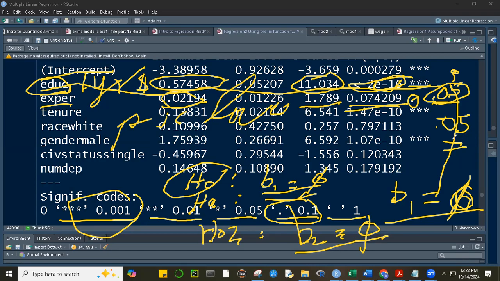The inference is that we fail to reject the null hypothesis that your beta 2 is equal to 0. We cannot reject that. But we're not saying that B2 is equal to 0. We're just saying that we can't find any evidence that B2 is not equal to 0.